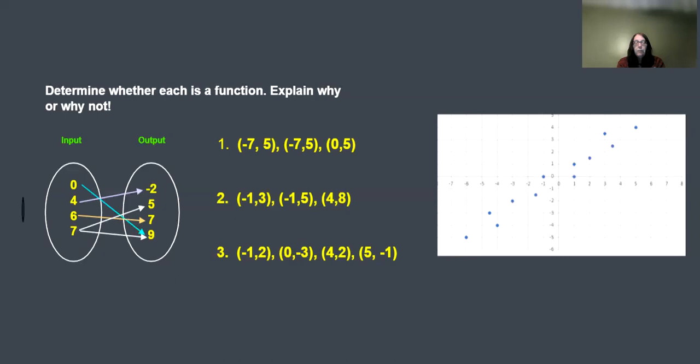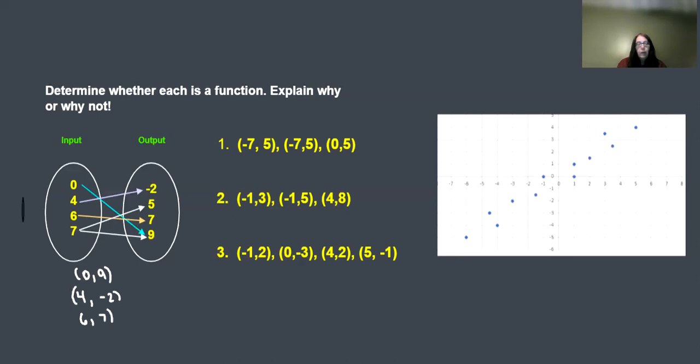So take a look at the first one here. I'm going to write it out as ordered pairs so we can look at it. 0 goes to 9. 0, 9. 4 goes to -2. So the input is 4, the output is -2. 6 is the input, 7 is the output.